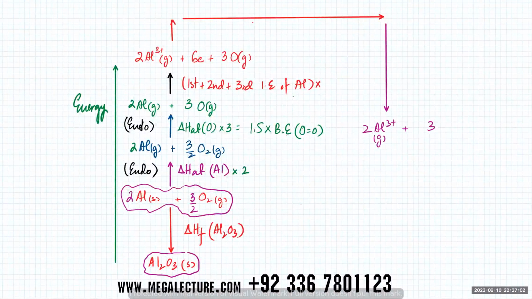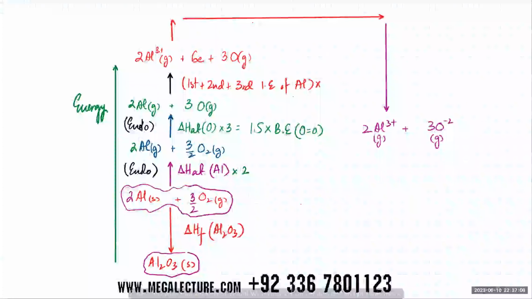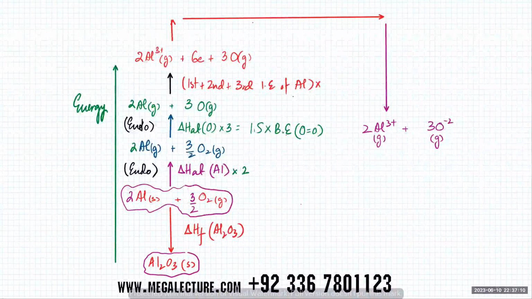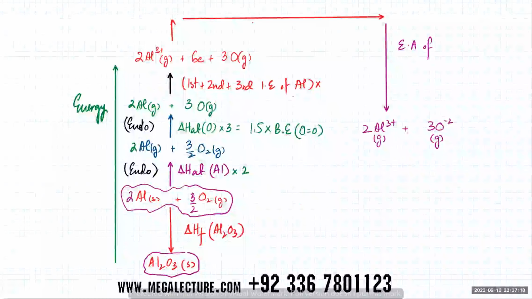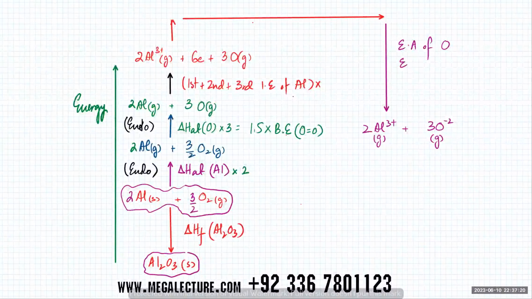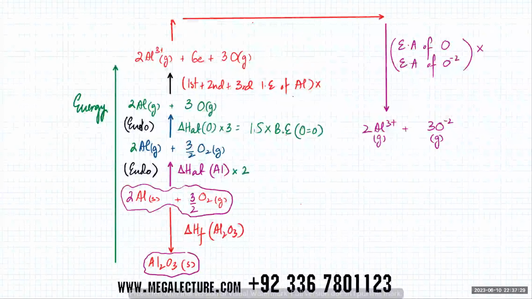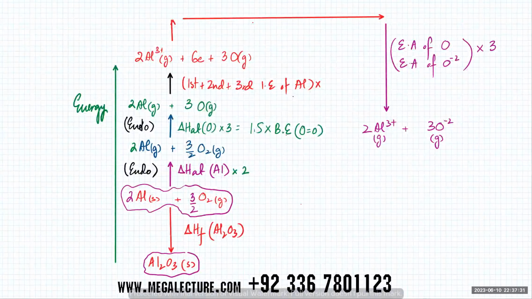So it's going to become 3O2- gaseous ion, right? And that's about it. So what is that? That's the electron affinity of oxygen and the electron affinity of oxygen minus one. Oxygen is basically trying to gain two electrons. And that's multiplied by three because you got three oxygens doing that. Is this clear?